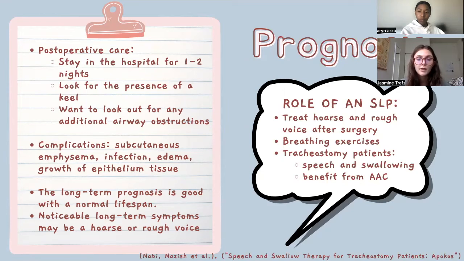So SLPs might also see patients with a laryngeal web who still have their trach in. So they could do a wide variety of therapy with these patients depending on their needs. But some therapy approaches may include swallowing, articulation, language, stuttering therapy, or patient and family education. So these patients may also benefit from AAC devices as well.